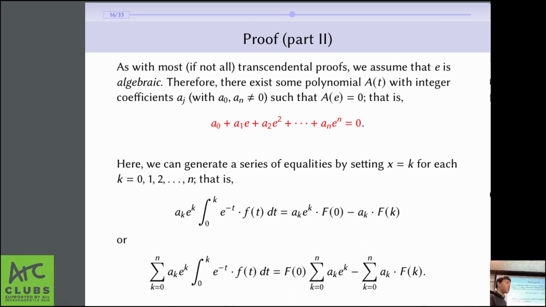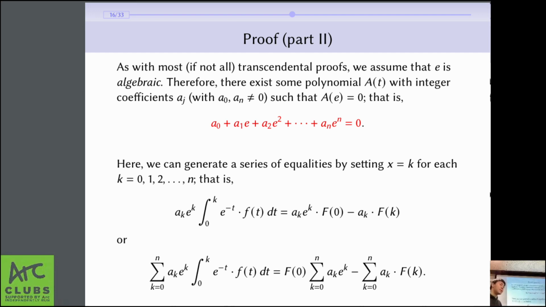Namely, we're going to just multiply everything by a sub k, and then we're going to see that if we add all of these up, so if we add all of these up from k equal to 0 up to n, then some things will cancel out. Okay, so the first thing that we see here is that on the right-hand side, we get a sum of a sub k times e to the k.